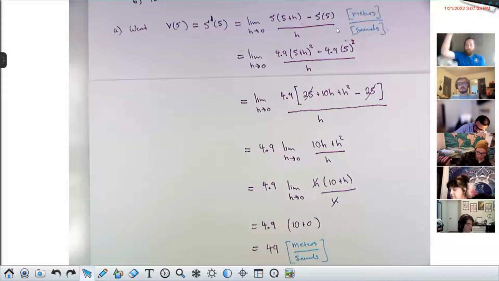So after 5 seconds in free fall, this ball is heading down at 49 meters per second, which is pretty quick. Every second, the thing is covering 150 feet, half the speed of a paintball.